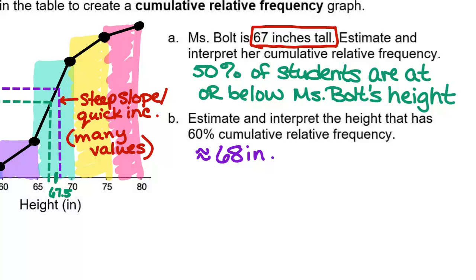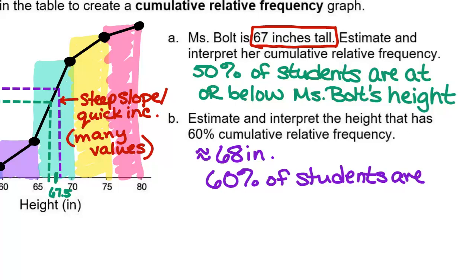That's exactly what this means. 60% of students are at or below 68 inches.